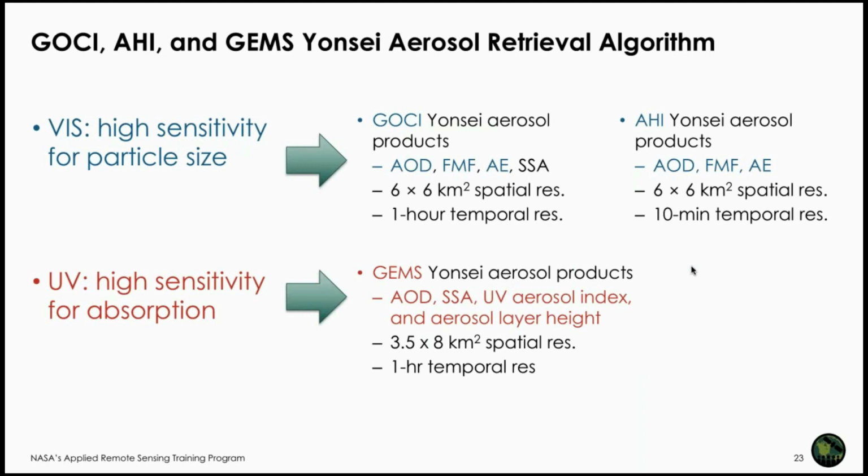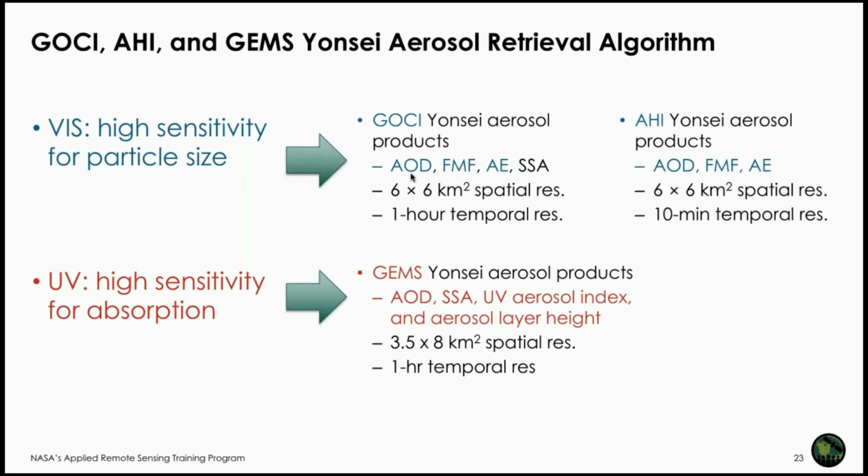Then from now on, I will show some retrieval results from the geostationary satellites GOCI, AHI, and GEMS. And those products are based on our group's Yonsei University aerosol retrieval algorithm. Using the visible channels, it has very high sensitivity for particle size.